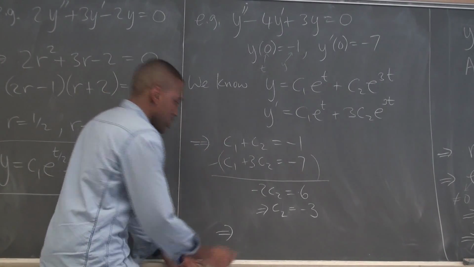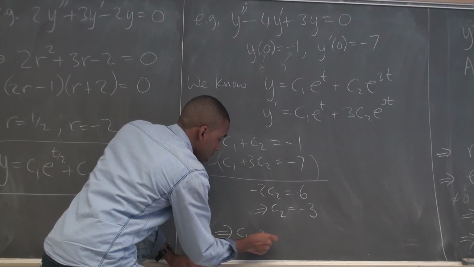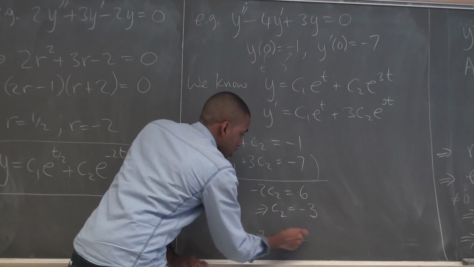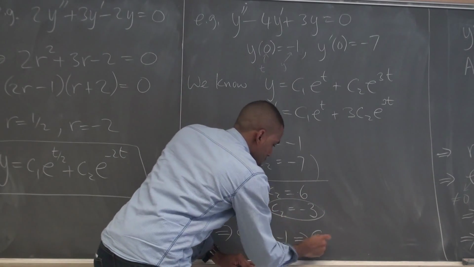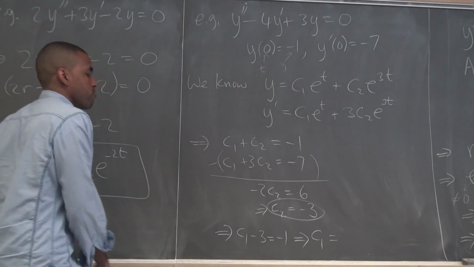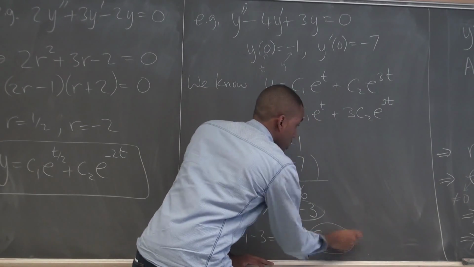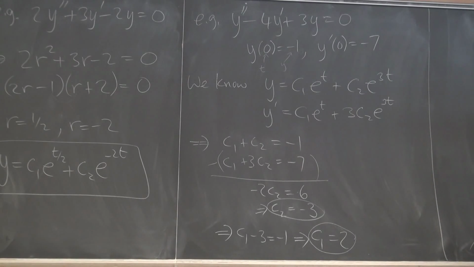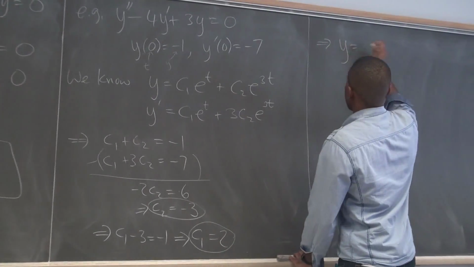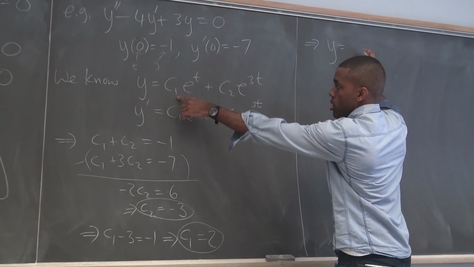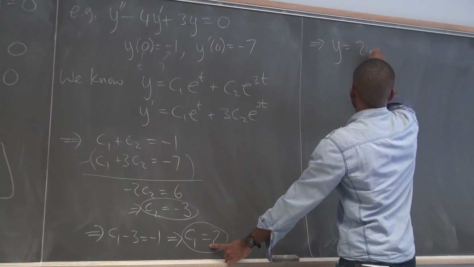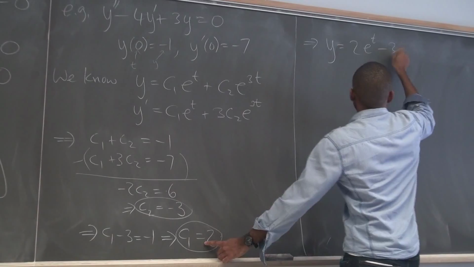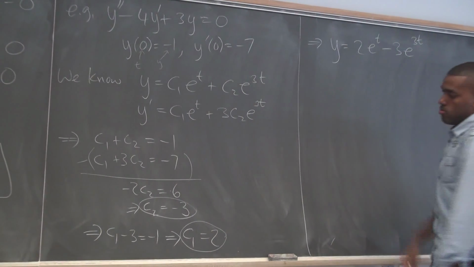Let's plug into the first one, it's easier. So c1 minus 3 equals minus 1, which means c1 is equal to positive 2. And so this gives us the answer: y equals 2e to the t minus 3e to the 3t.